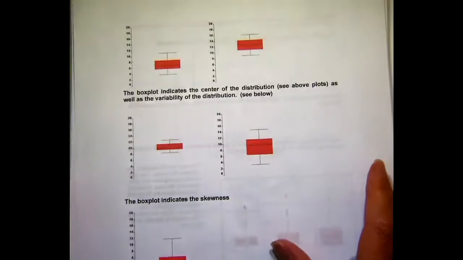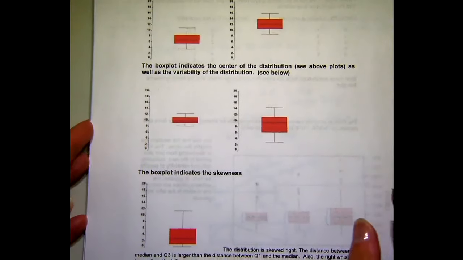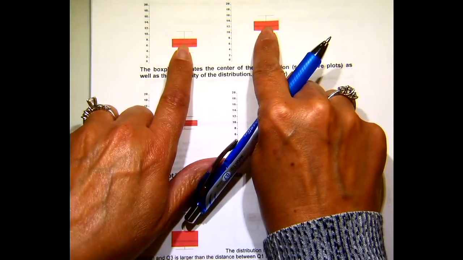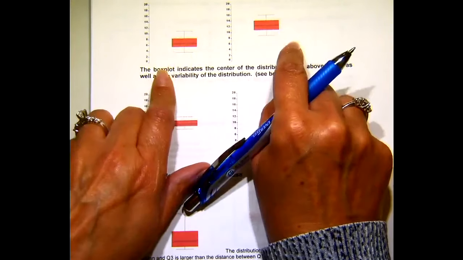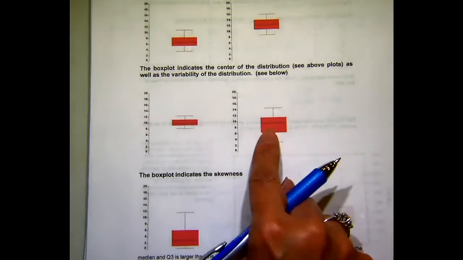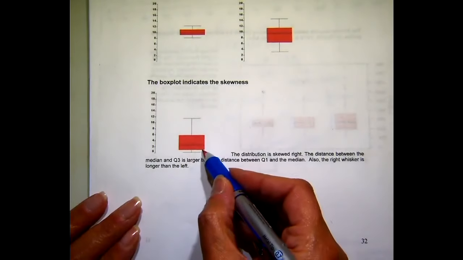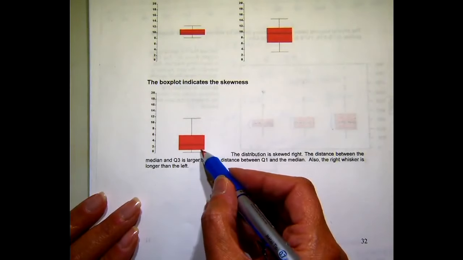So it's saying the box plot indicates the center of the distribution as well as the variability of the distribution, obviously. Here's the center, here's the Q2s. They're both just as variable, it looks like. This one's more variable than that. How about the skewness? This data is skewed what?